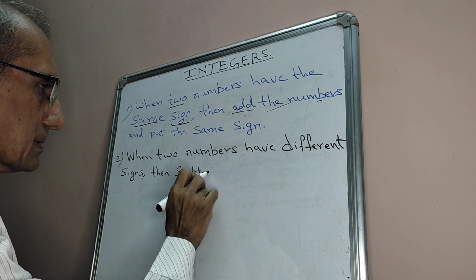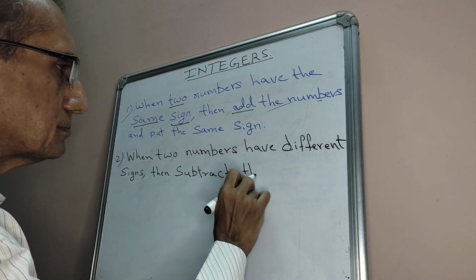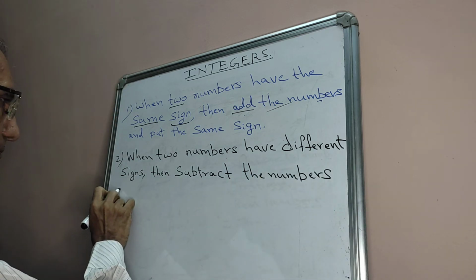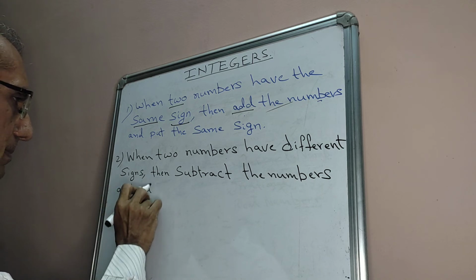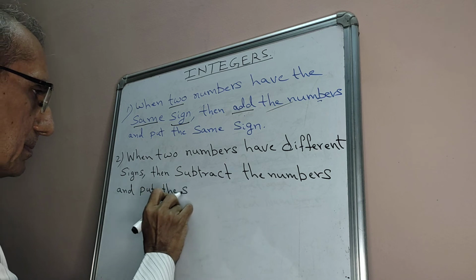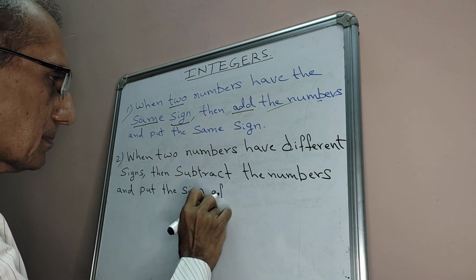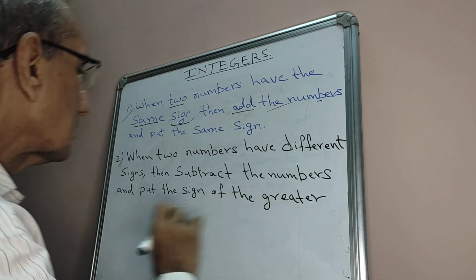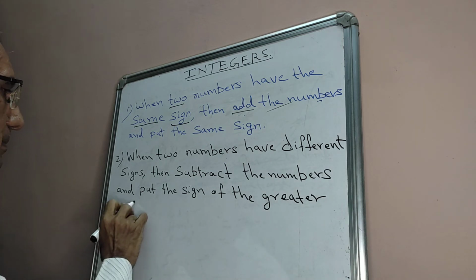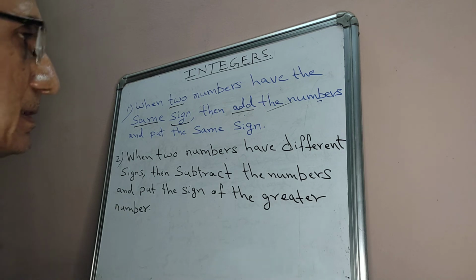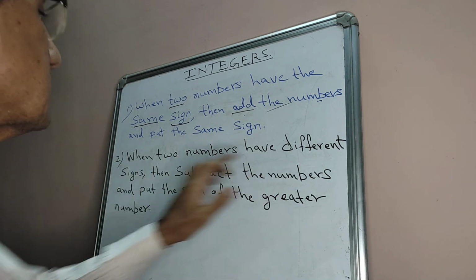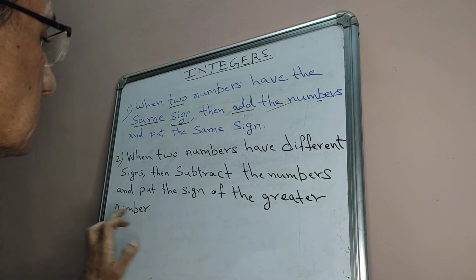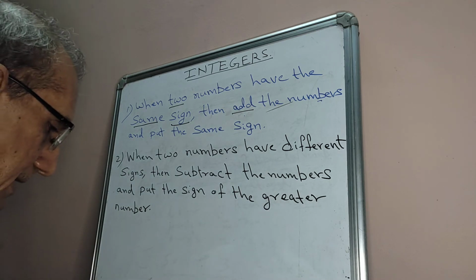Then subtract the numbers and put the sign of the greater number. Let's take an example.